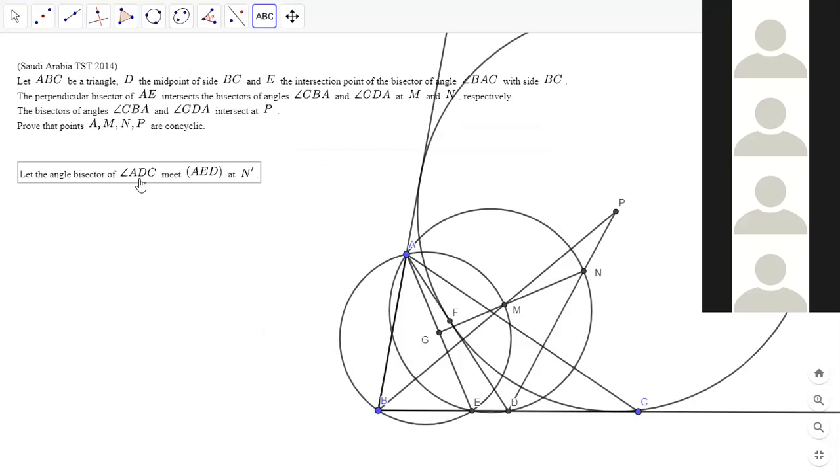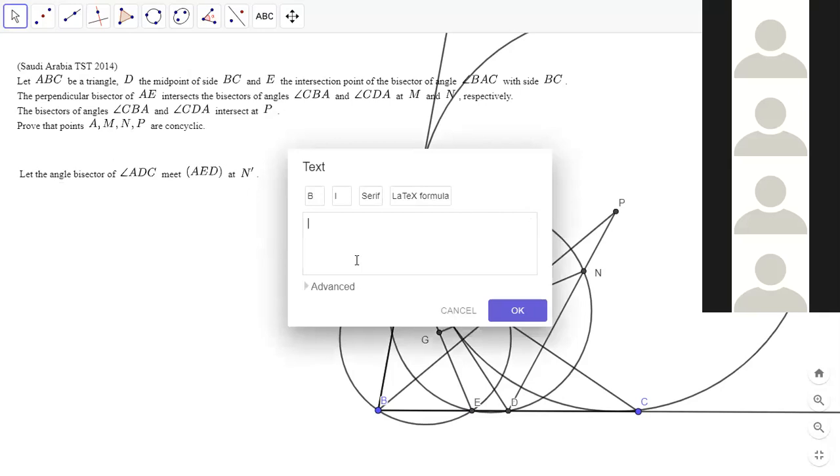So you're saying N prime would be the midpoint of the big arc AE? Yeah. We'll just say major arc.